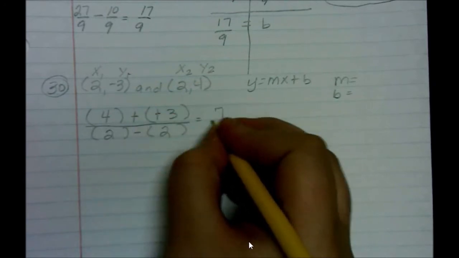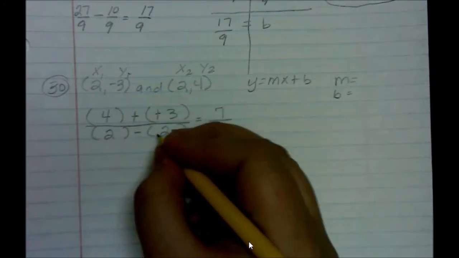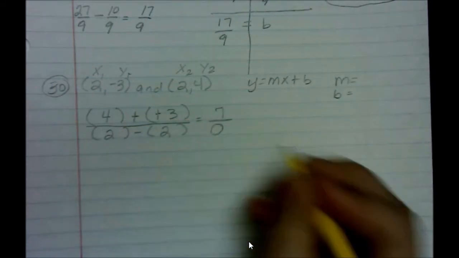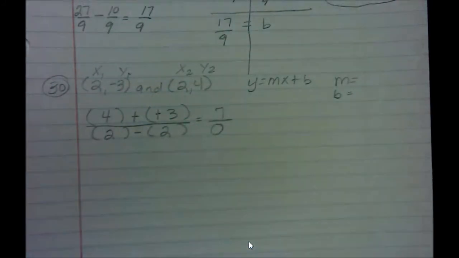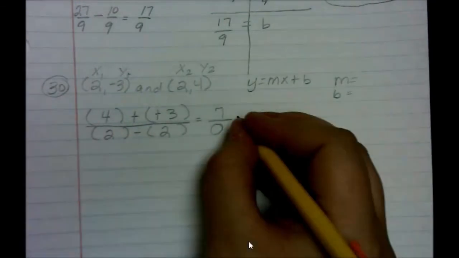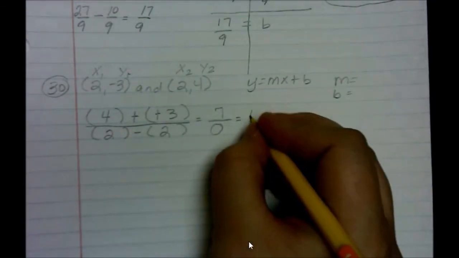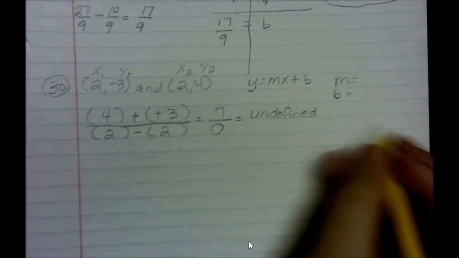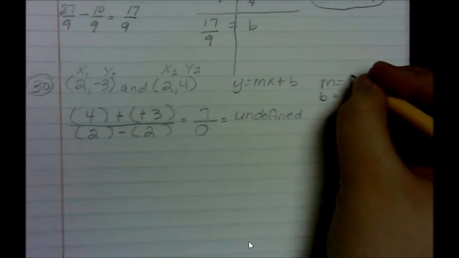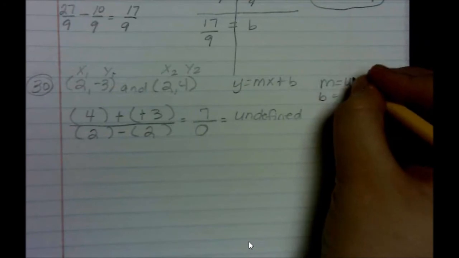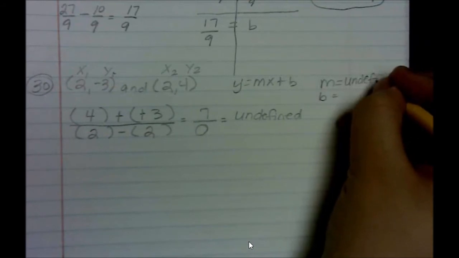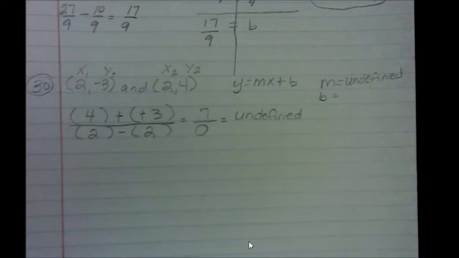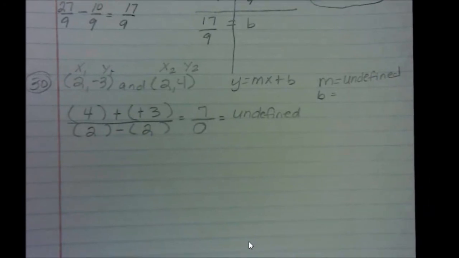2 minus 2, which is 0. Now recall that whenever you have a 0 in your denominator, that is called undefined. So my m is undefined. And if you recall from section 3.1, whenever you have a slope that is undefined, you will not have a y-intercept.